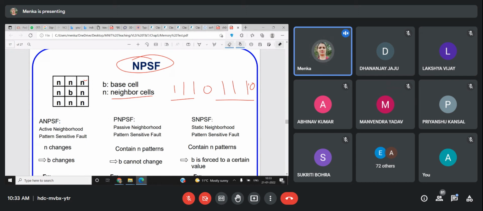You wanted b to be 0, let's say. These all are 1 1 1 0 1 1 1 and 0. So if this is the pattern, this becomes 1, but you want it 0. So this is actually a fault.